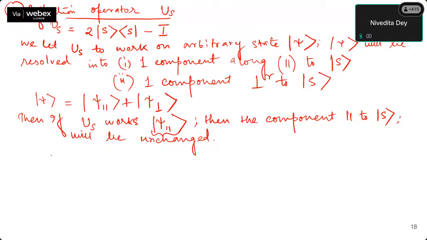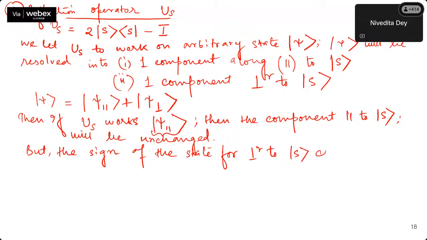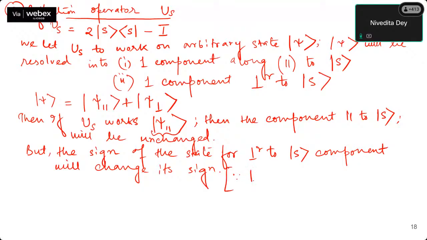But the sign of the state perpendicular to S component will change its sign. And why will this happen? Because the outer product of this one will become 0. We'll have a detailed look at this.